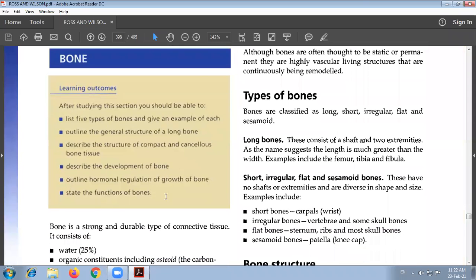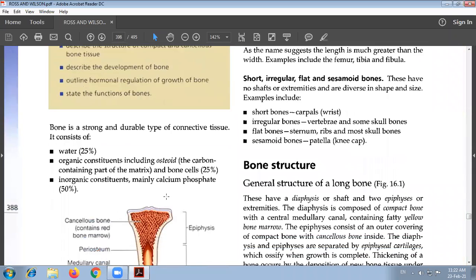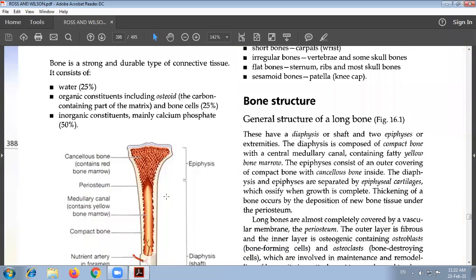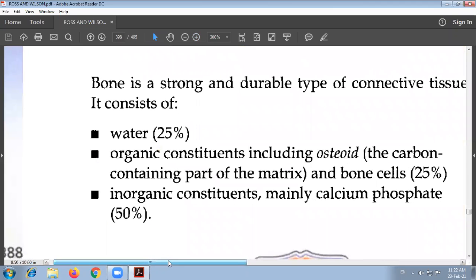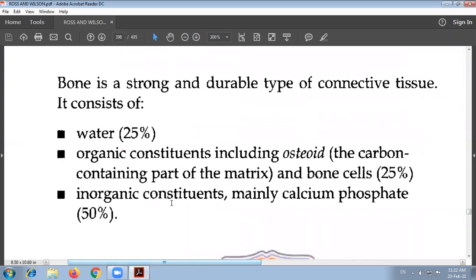So as we are talking about the bone, let us see what the bone consists of. Here you can see the bone is a strong and durable type of connective tissue. It is a connective tissue and it has strength and durability.